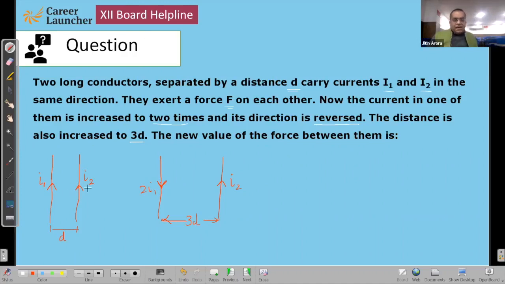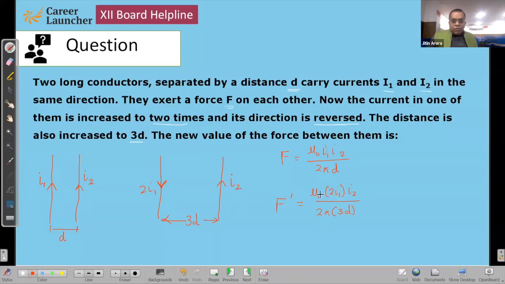So अब बच्चों इस केस में क्या करेंगे, सबसे पहले हम F का एक्सप्रेशन लिखेंगे. So F will be equal to mu naught I1 I2 upon 2 pi d. So F dash will be equal to mu naught 2I1 I2 upon 2 pi 3d.